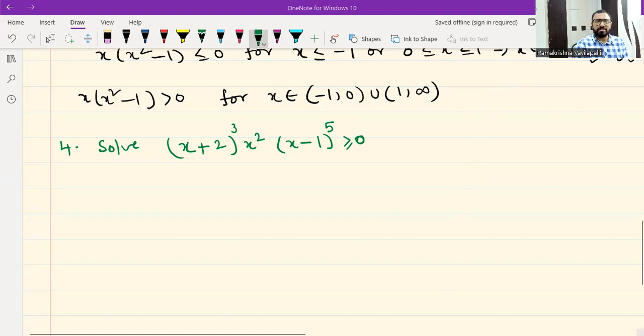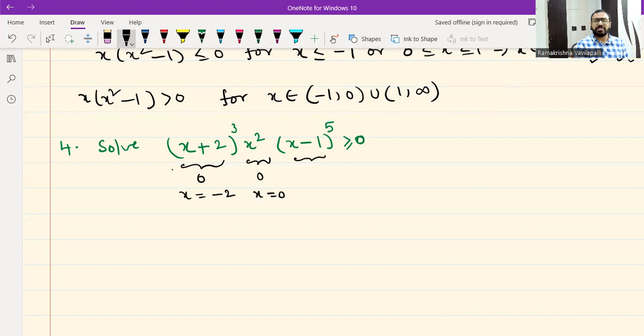First of all, x plus 2 is 0 when x equal to -2. This factor is 0 when x equal to 0. And this factor is 0 when x equal to 1. So the primary step is over.